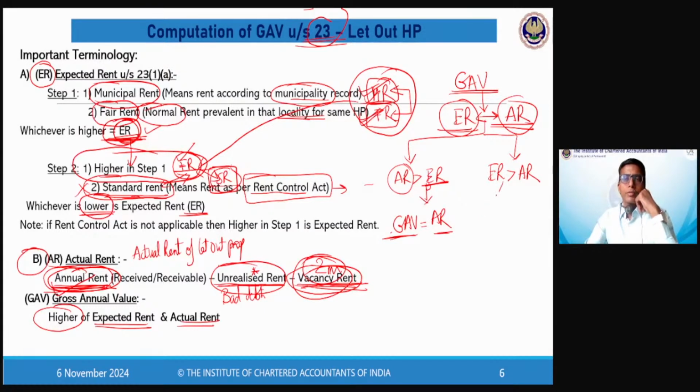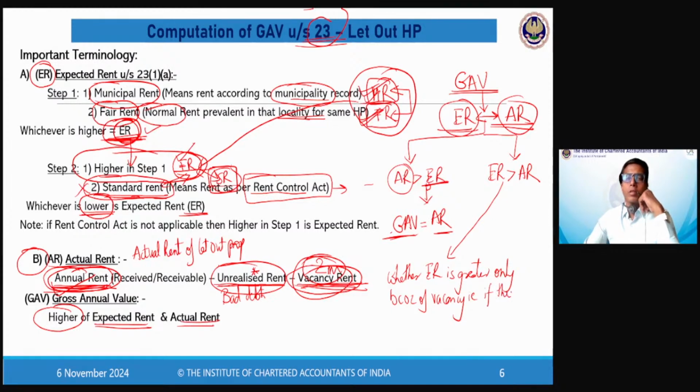Now here the law is very interesting. What does the law say in such a case? It says check whether expected rent is greater only because of vacancy. That is, if there was no vacancy, then AR would be greater than ER.